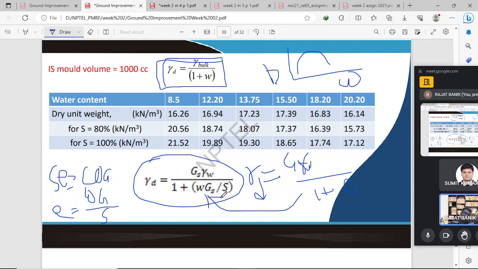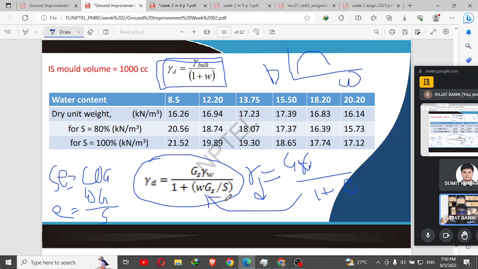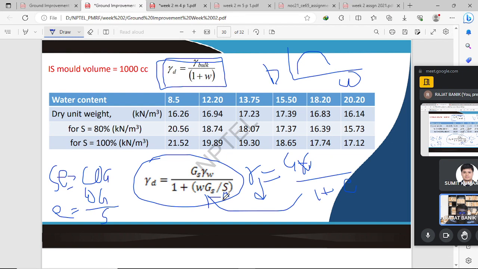So for 80%, that is 0.8 degree of saturation, we apply this formula with S equal to 0.8, and we know G is 2.7 and gamma W is 9.81.